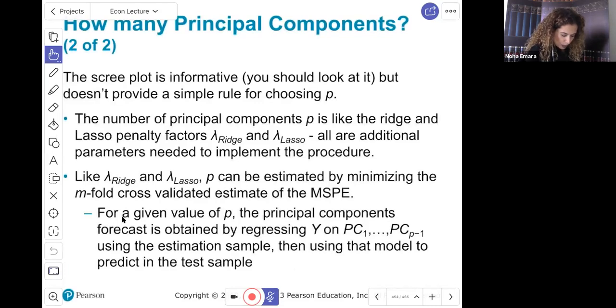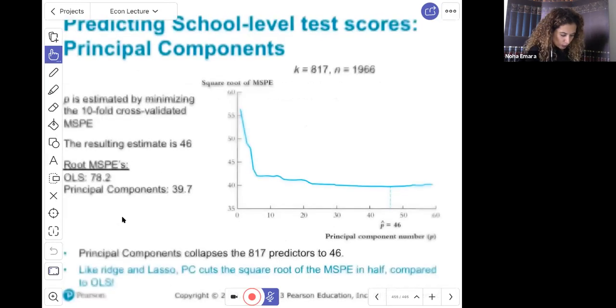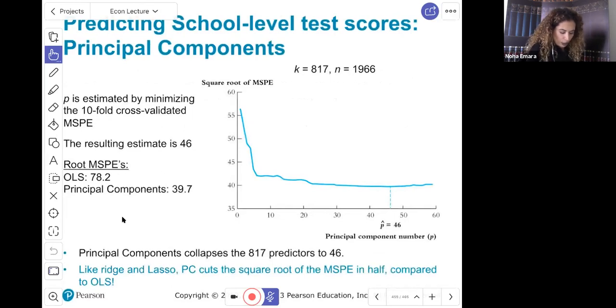So how many principal components? We are going to do the minimization problem that I showed you, and this would answer how many p's, or what is the value of p, I should say. Again, you're doing the same thing: you're trying to minimize the square root of the mean squared prediction error subject to the principal component number.